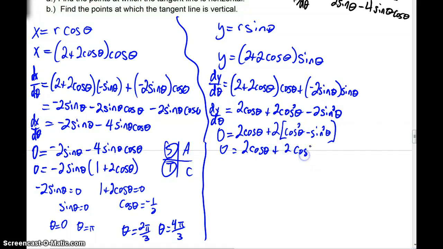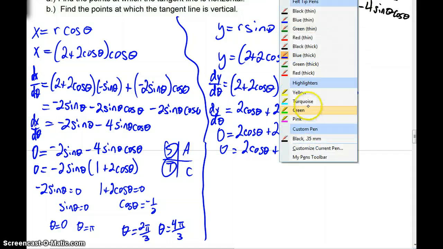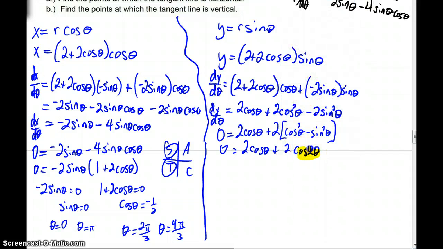And my goodness, cosine of 2 theta actually has yet another identity to it. You might remember there were 3 identities for cosine of 2 theta. And right now I'm going to use another one that hopefully will be obvious. This is also equivalent to 2 cosine squared of theta minus 1.